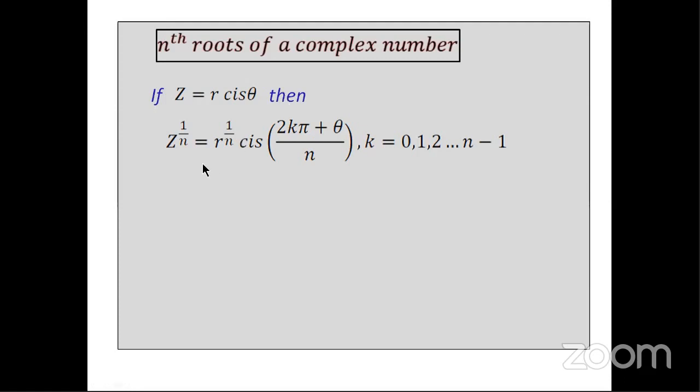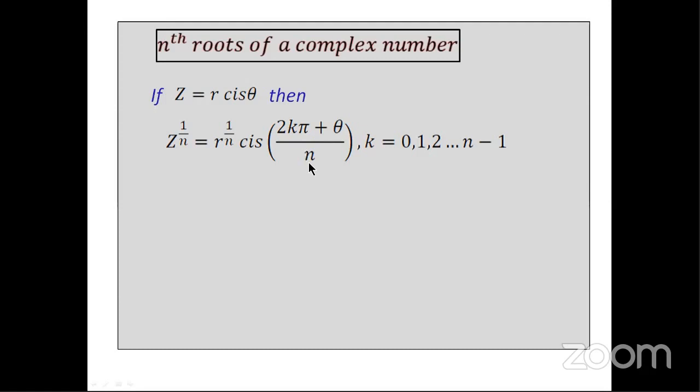That means for a given complex number, if you are taking the nth root, then it is equal to r power 1 by n into cis((2k pi plus theta) by n), where n tells you the nth root you are taking, and the value of k will be decided by the value of n.